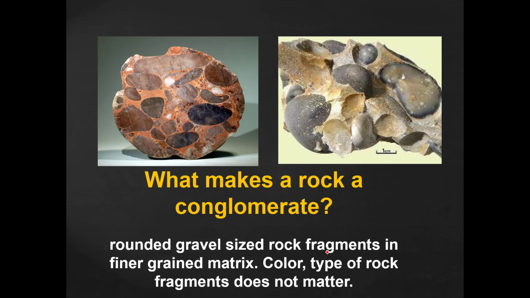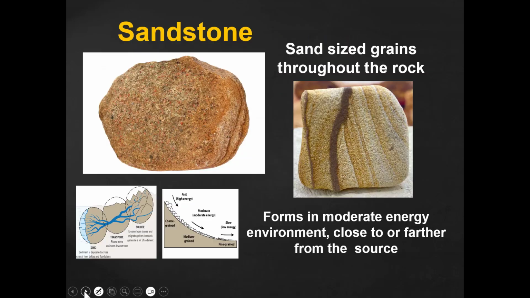So we say that a conglomerate is rounded gravel-sized rock fragments in a finer grain matrix. The color and the type of rock fragments will not matter to define that this rock is a conglomerate.